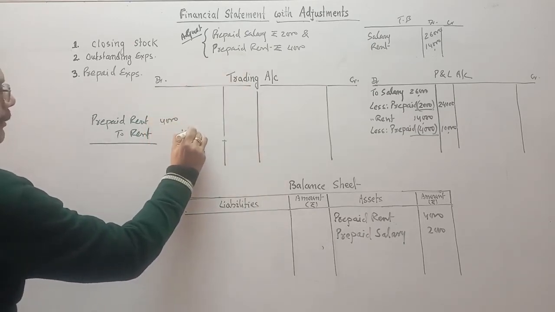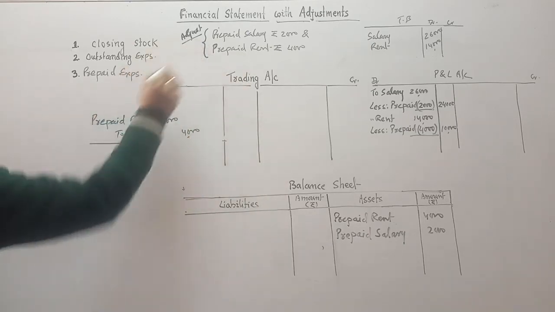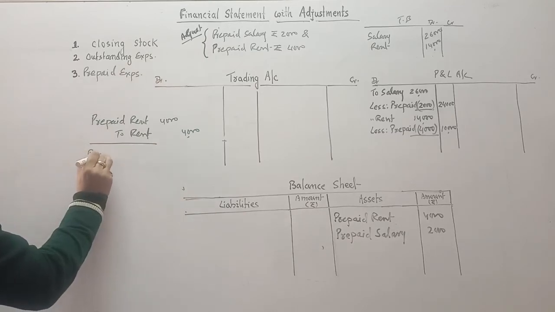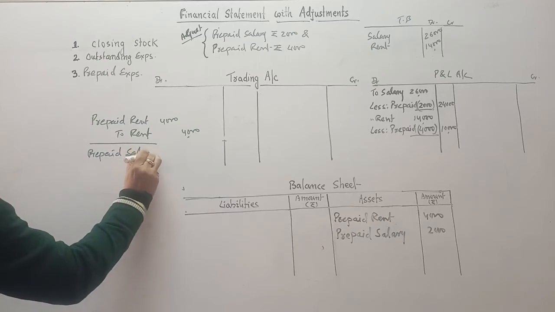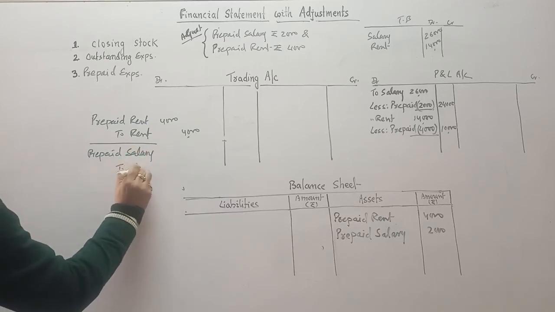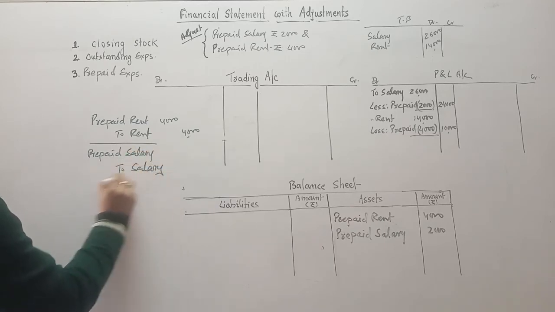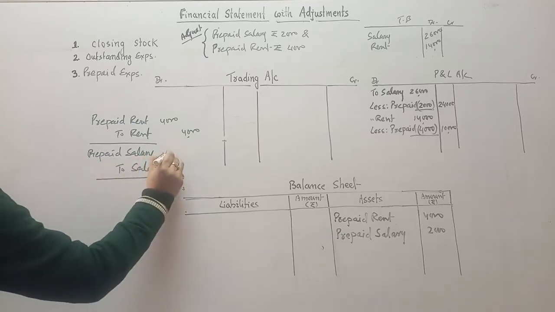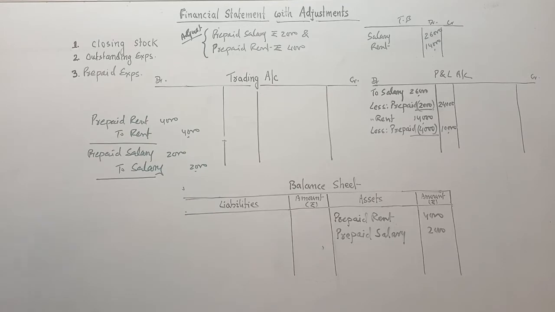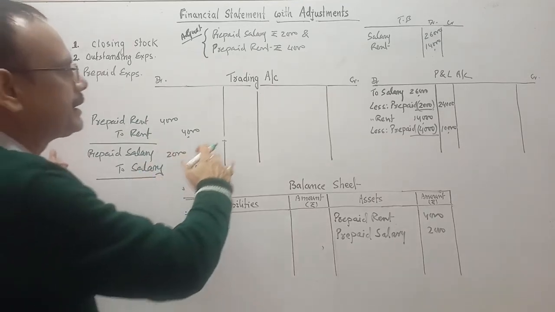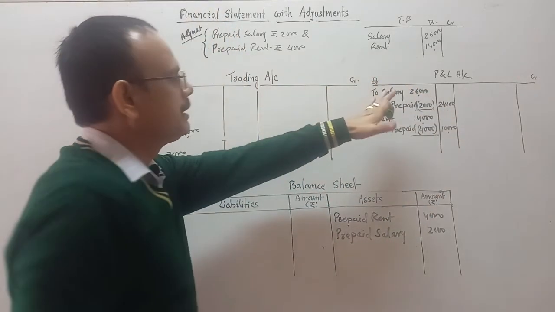Prepaid rent account debit to rent account, and for prepaid salary the entry will be prepaid salary account debit to salary account. This is 2,000. This is the adjustment entry, and it is adjusted in the financial statement like this.